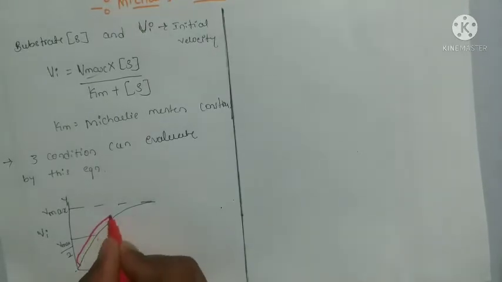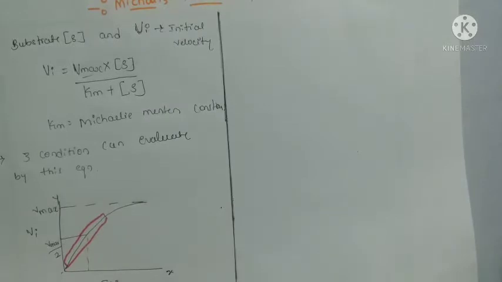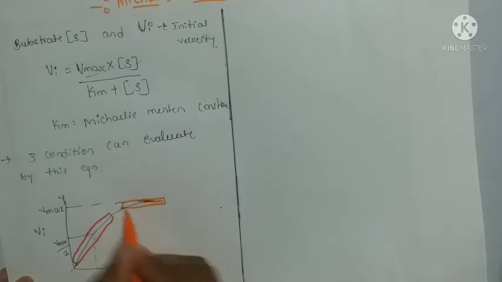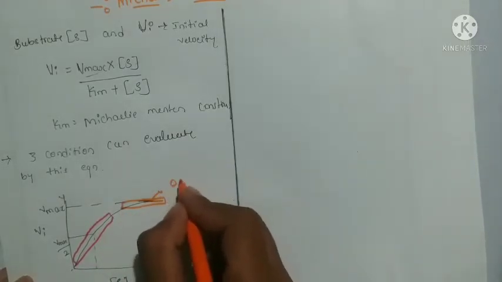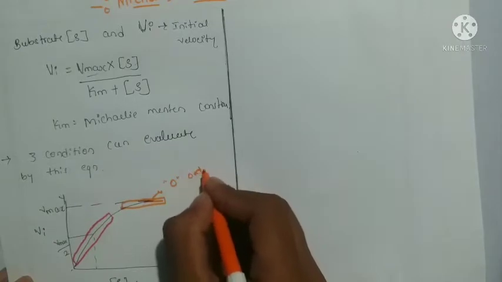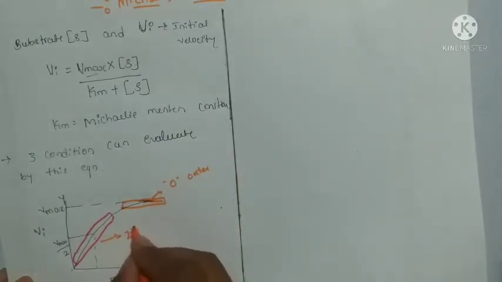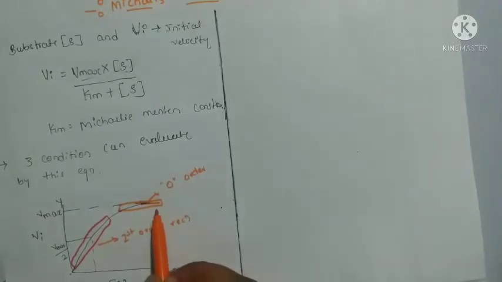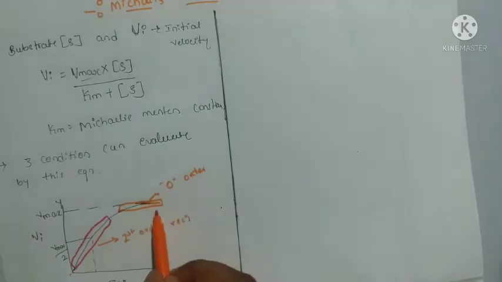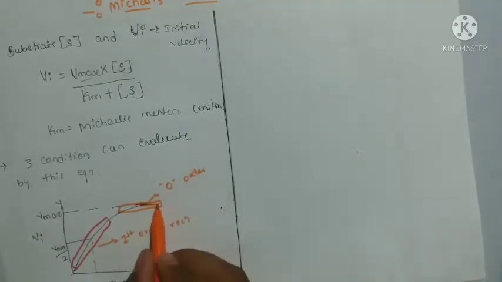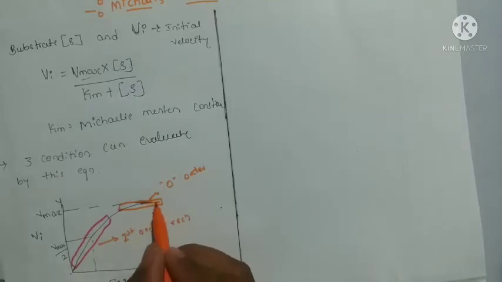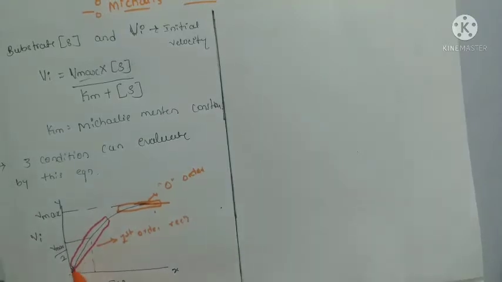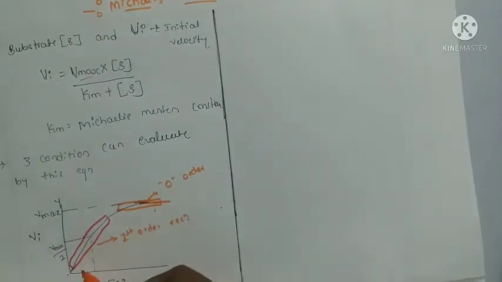Here this is the first order of the reaction, and this is the zero order of the reaction. Always, the zero order of reaction doesn't depend upon the substrate, it means it's constant. Even when we add more or less substrate, it moves on constantly.